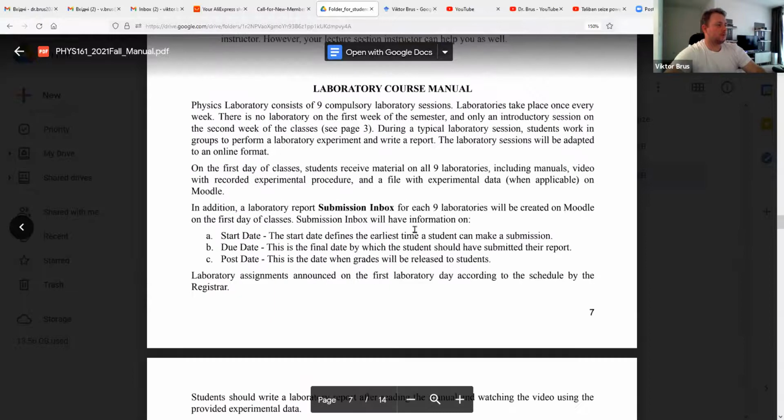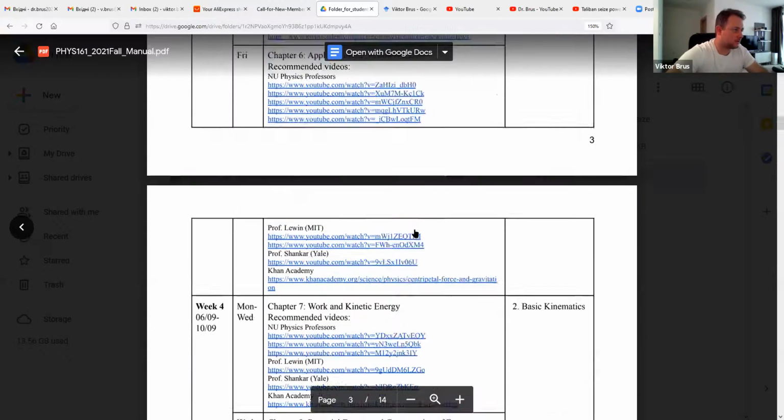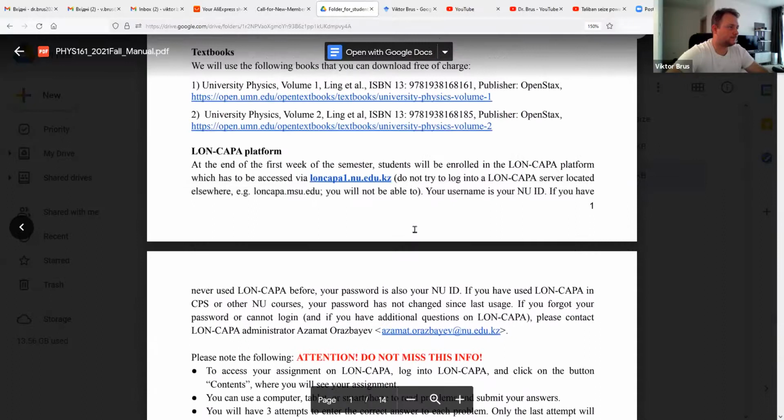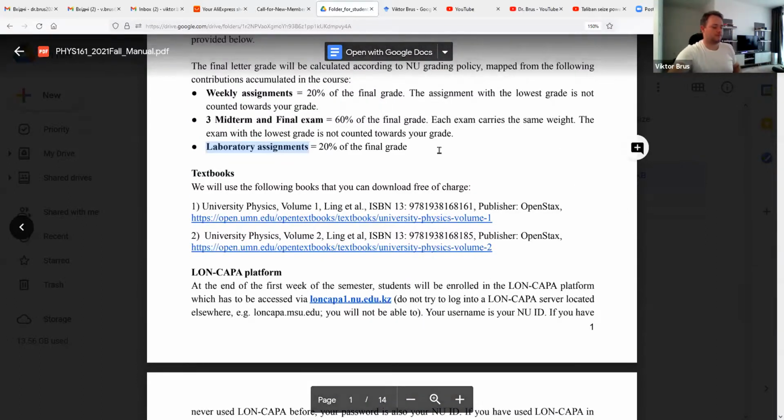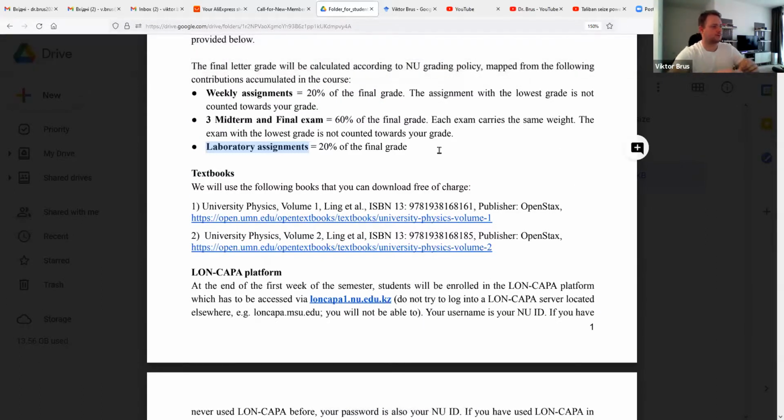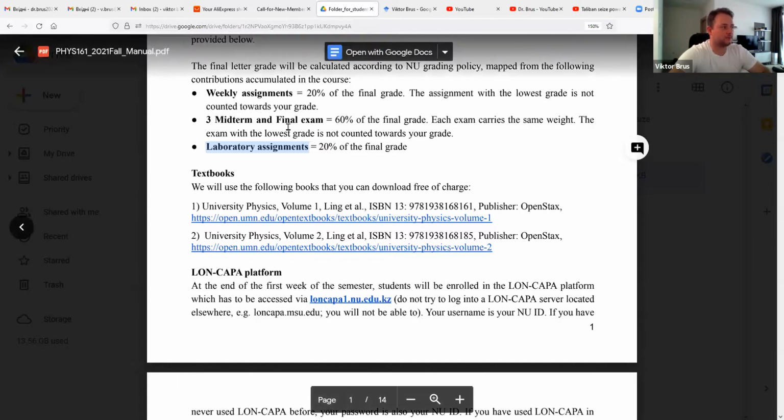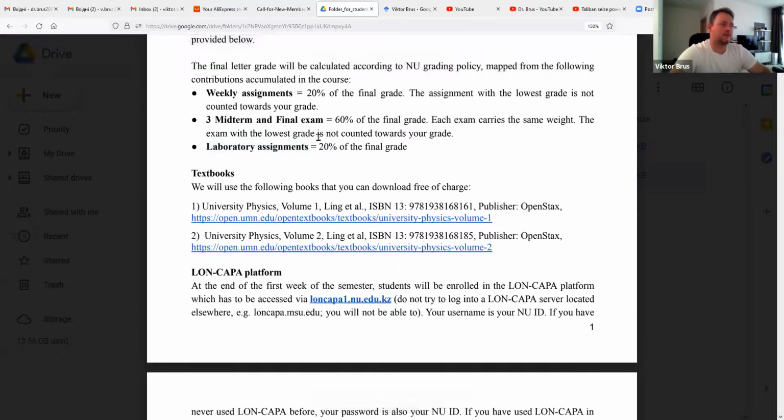So, coming back to LongCAPA, because that's one of the key instruments, you need to master using it quite efficiently in order to get high grades. There is a small chance, for weekly assignments or even midterms, though very unlikely because all these problems are checked, that there could be some technical issues with LongCAPA.